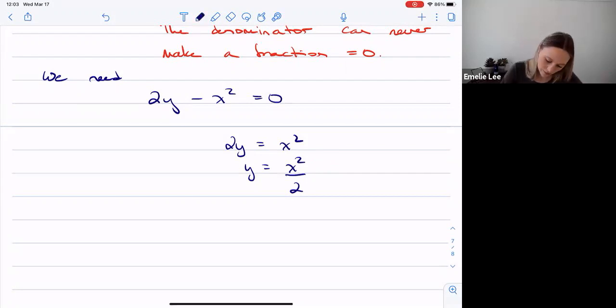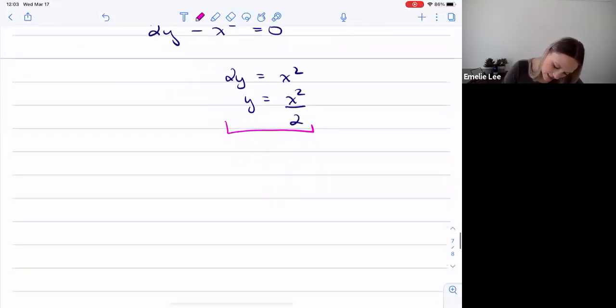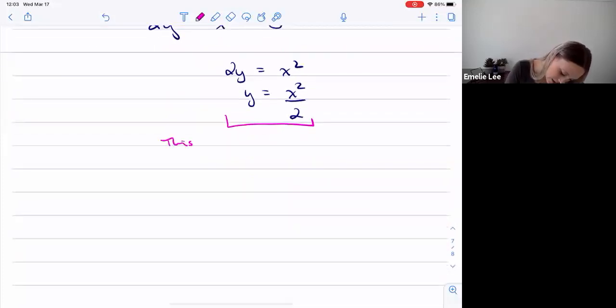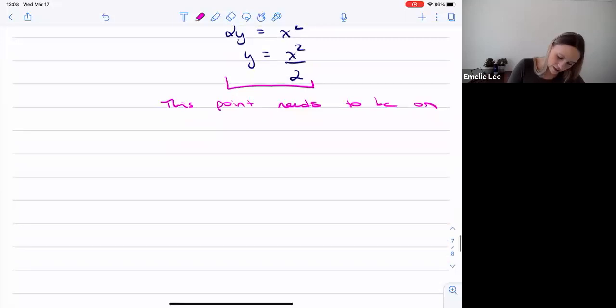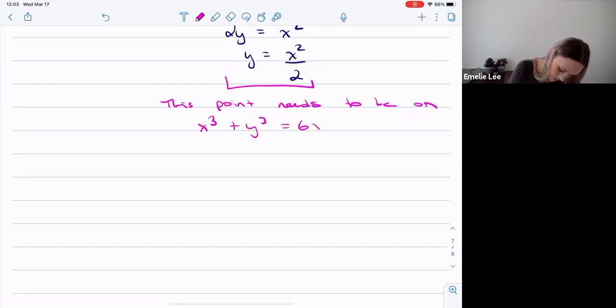And so this point needs to be on, what's the original function? x to the 3 plus y to the 3 equals 6xy, right? Our original function.